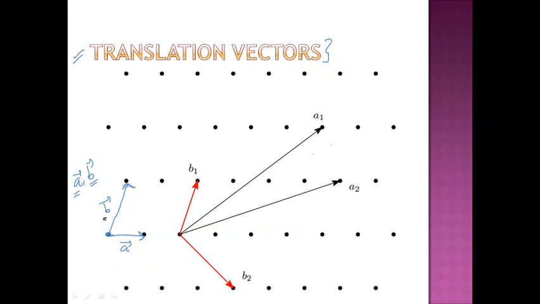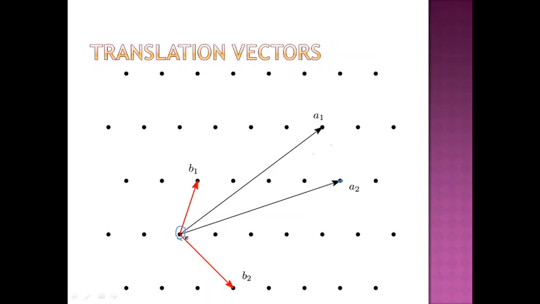And if you know these lattice vectors A bar and B bar, then this can help us to move from the origin point O to any other point in the crystal lattice. Suppose, for example, we take this point as our origin, and suppose you want to move from the origin up to the point given by A2.